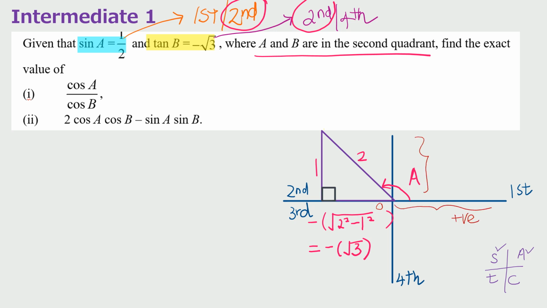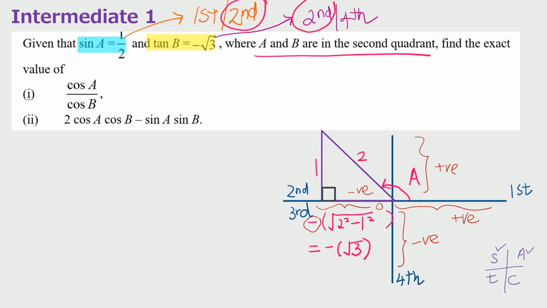This one is a positive value. This is negative, and here is negative. So therefore, you see that I need to put a negative value there. All right, it's very important to put a negative value there.